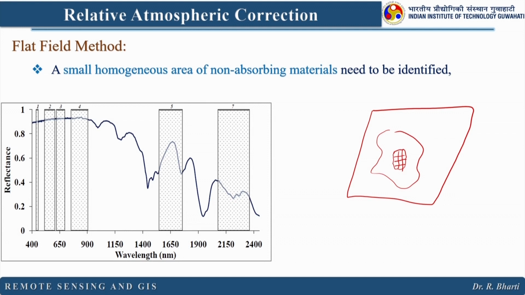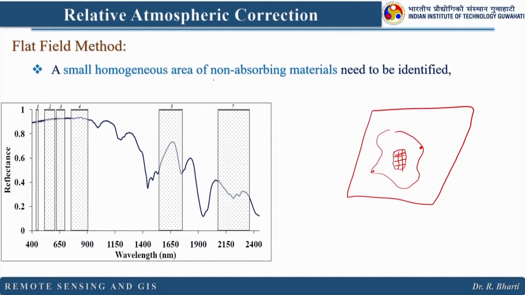It will contain pure water, and it does not matter what kind of water it is, but compared to the sides you have better values in the center pixels. But here we are not talking about only a homogeneous area, we are talking about a homogeneous area of non-absorbing materials.